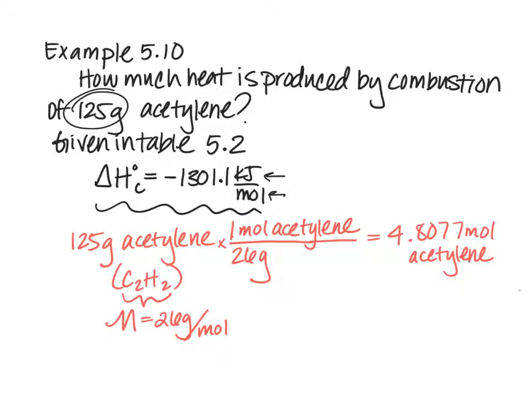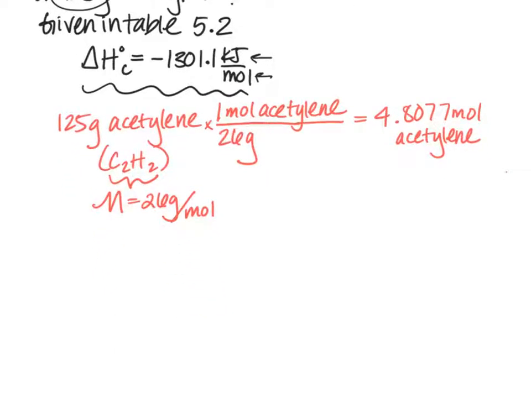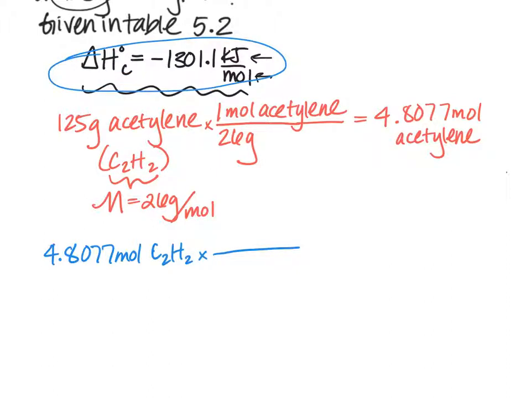Now I'm going to use that measured value. Go down here in blue. I have 4.8077 moles of, I'll put C2H2 just to condense it a little. And I'm going to use the amount of heat that's given off. This is the enthalpy.